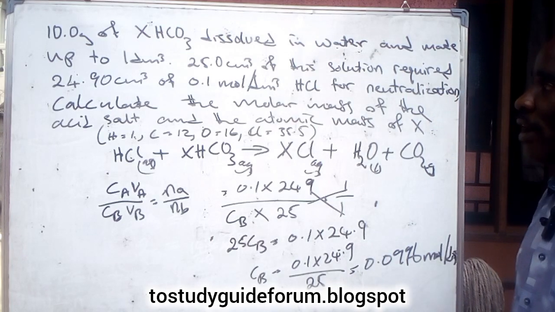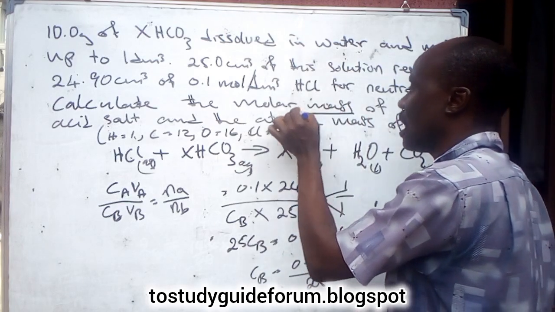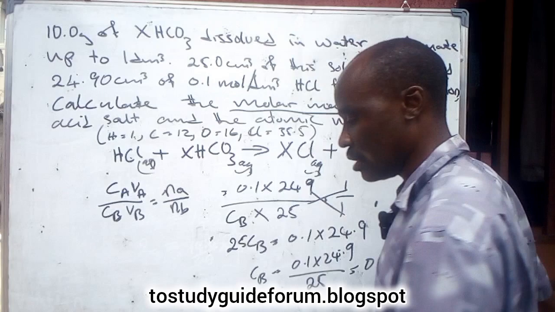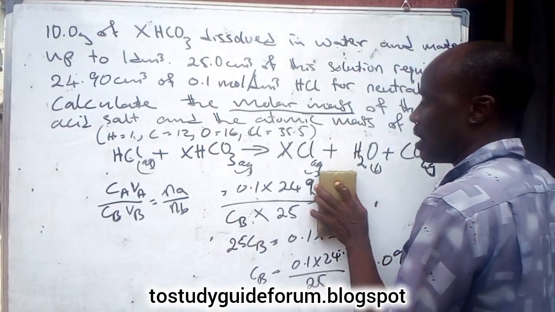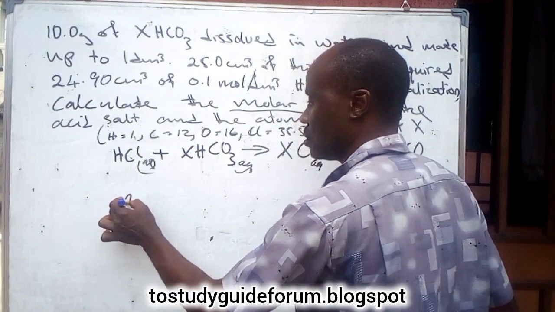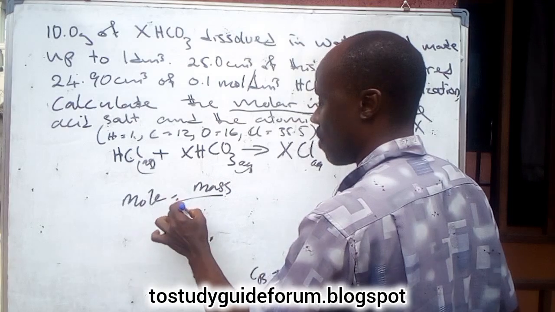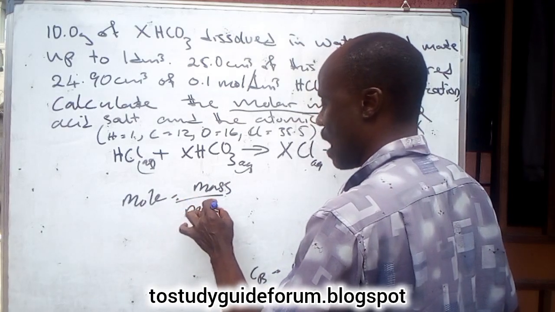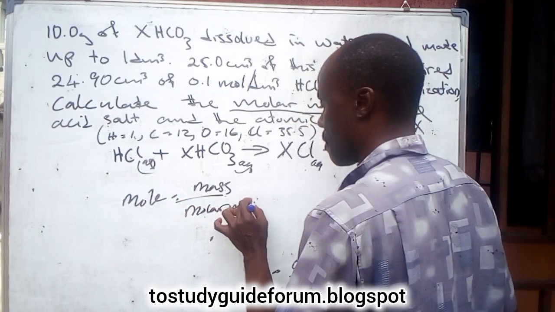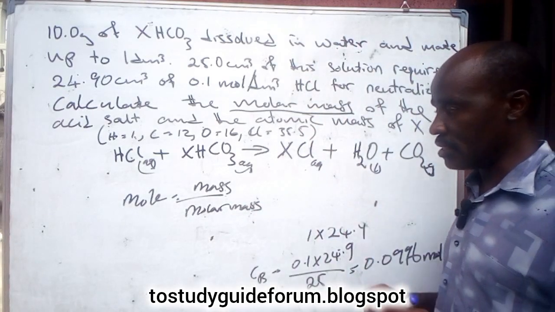We can also find the molar mass. Remember, to get the molar mass, there's always a relationship that exists. That relationship is: moles is equal to mass over molar mass. Just always remember this.